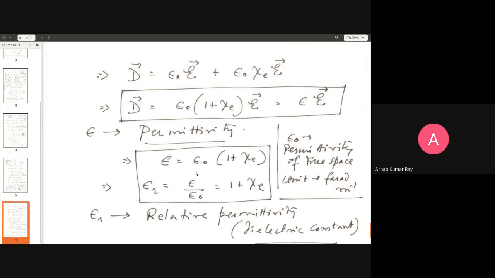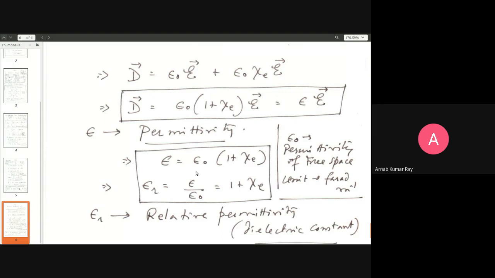For instance, water has got the same refractive index in every direction, right? But a material like quartz will have different refractive indices in different directions. So that's also optical anisotropy.